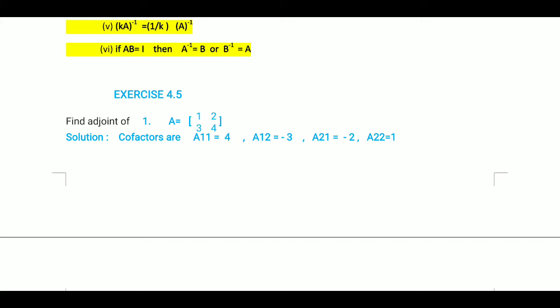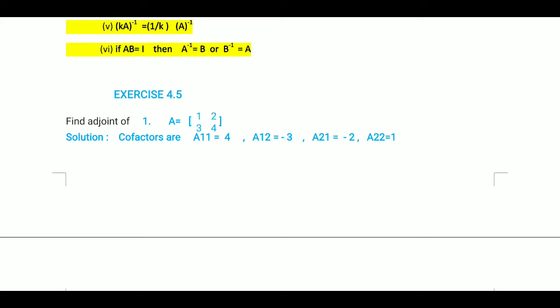Then the cofactor of the first row and first column element, that is A11. A11 means you have to remove the first row and first column, then the remaining element will give you the cofactor. So removing 1, 2 and 1, 3, we get 4, and the determinant is the number 4.